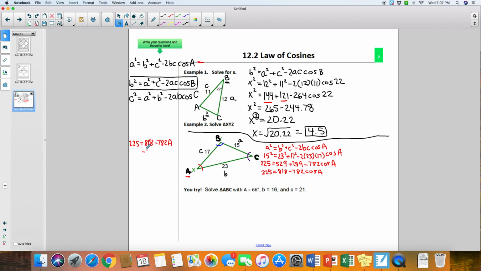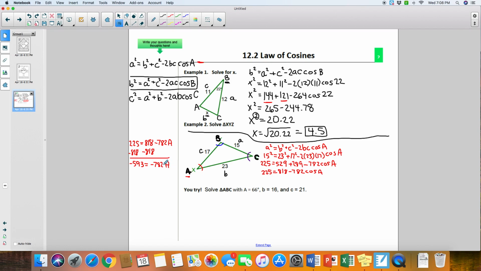So I would subtract 818 on both sides. 225 minus 818 will give me negative 593. Then on the other side, I would have negative 782A.